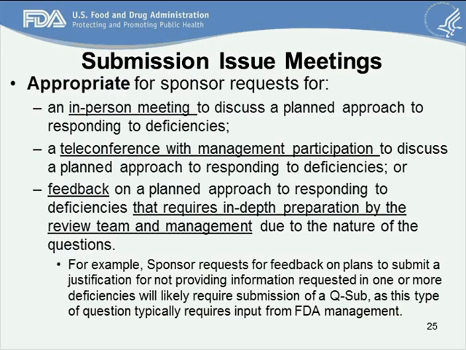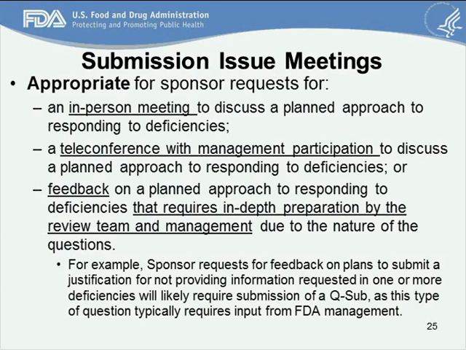If you want feedback on a planned approach to responding to deficiencies that requires in-depth preparation by the review team and management just purely due to the nature of the questions, then that would require a submission issue meeting. So, for example, if you want feedback on plans to submit a justification for not providing information requested, that would likely require submission of a Q-Sub, because in order to provide you with such feedback, we would have to involve management and the whole review team.